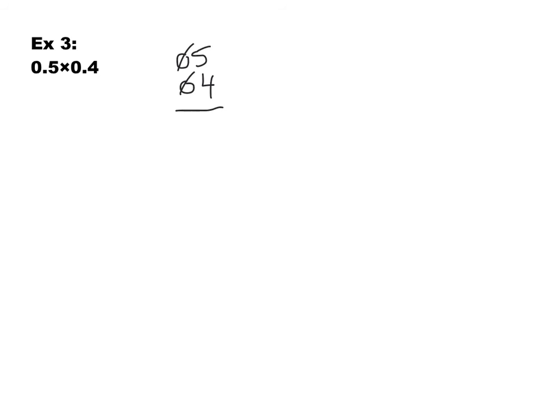So the question is, what is 5 times 4, which is 20? Now, 5 is 1 after the decimal, 4 is 1 after the decimal, so there are 2 decimal places I have to have. So this means that I have to have a decimal point right here, 2 digits after the decimal point.